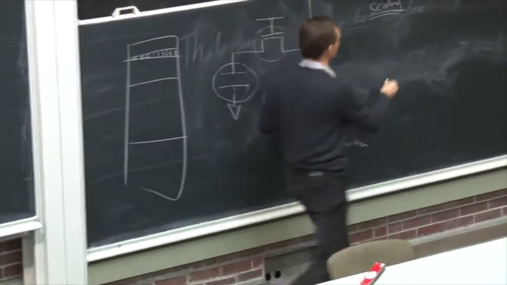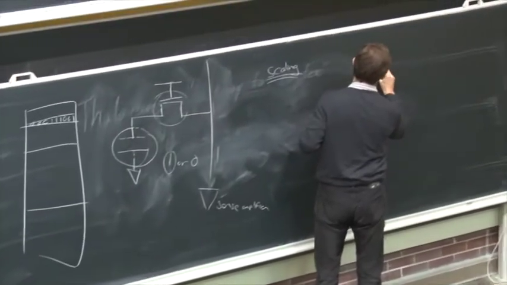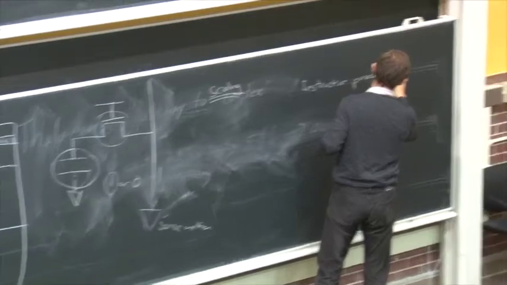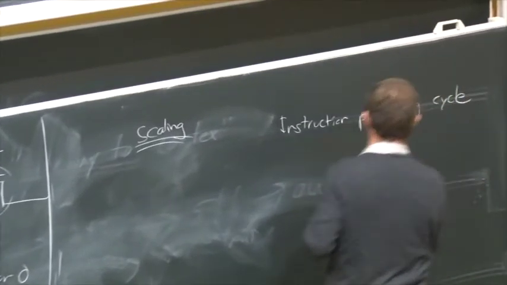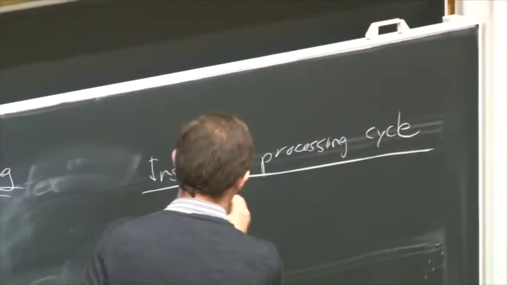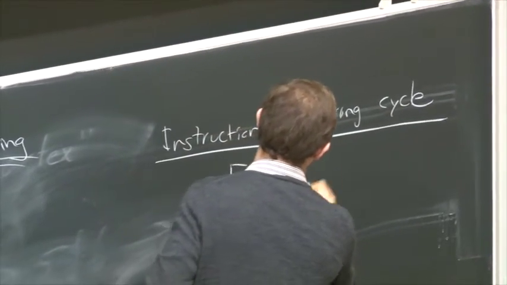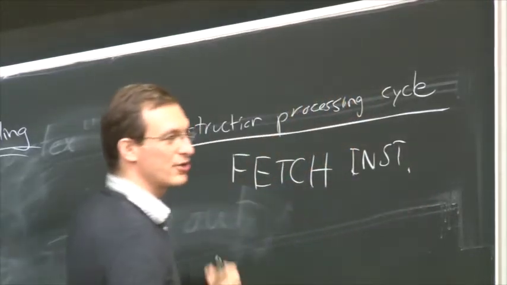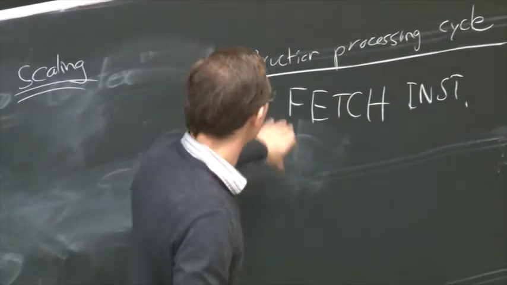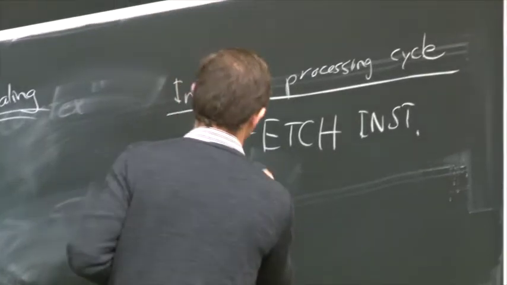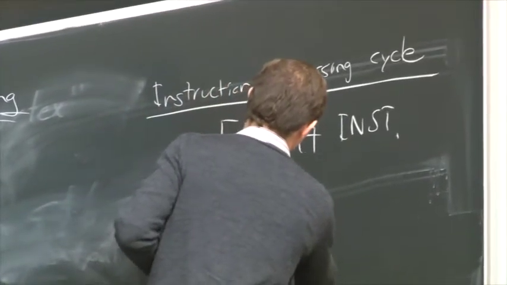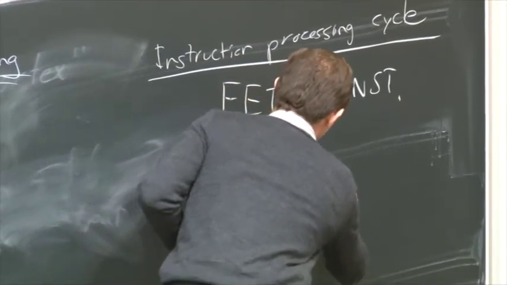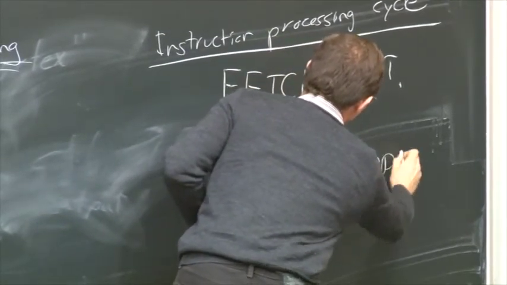We'll cover something called the instruction cycle, or instruction processing cycle. Every instruction goes through this. And the first step of the cycle is fetch. It's really fetch the instruction. And you have a finite state machine that goes through the cycle. Fetch the instruction. Decode the instruction. Evaluate the address of the operands.